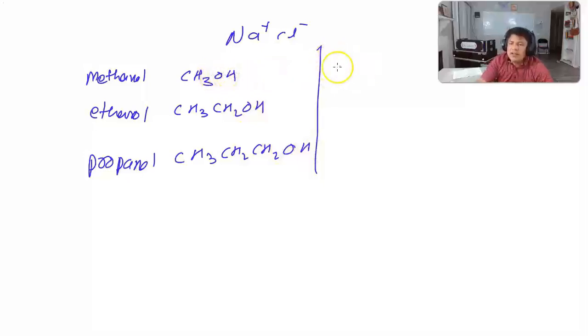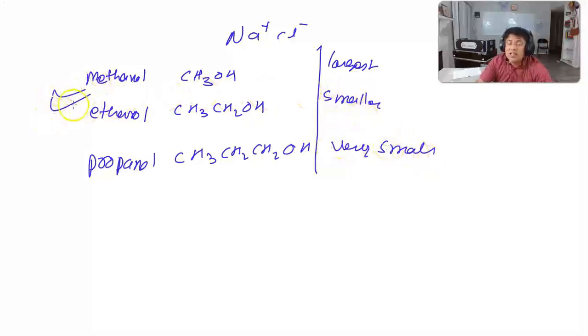This has the largest, this has smaller, this has very small. The highest solubility of sodium chloride among these three is in methanol, then ethanol, then propanol.